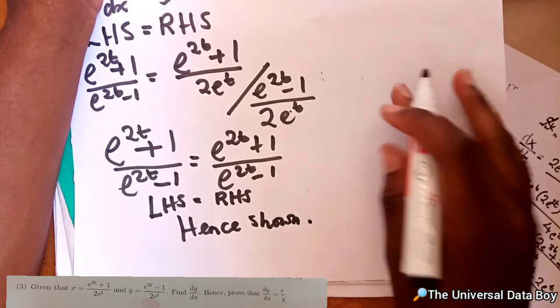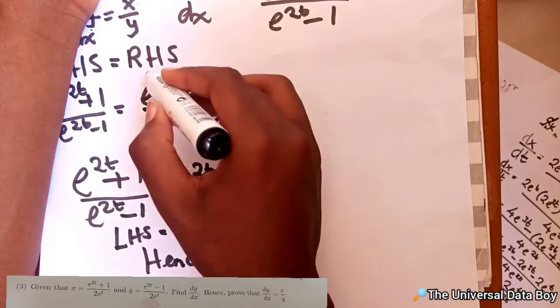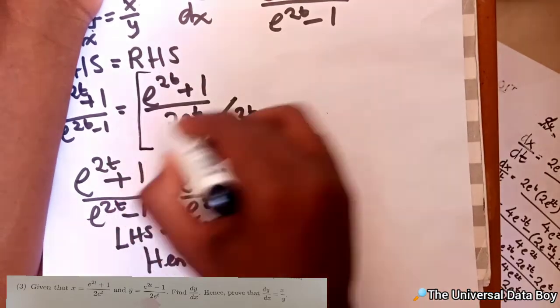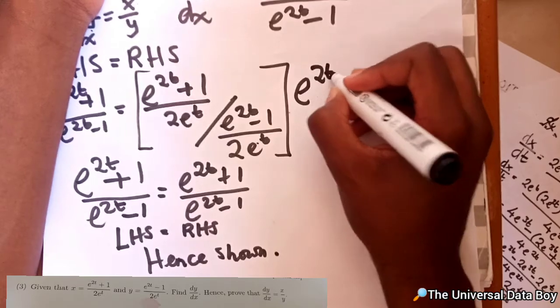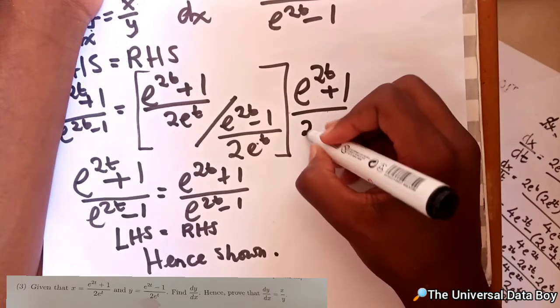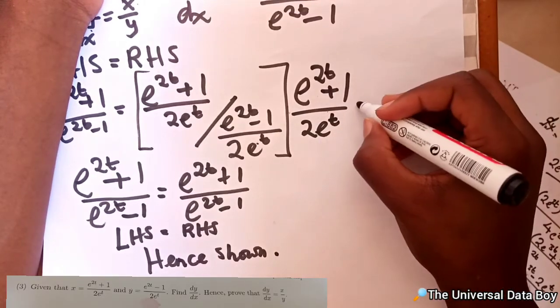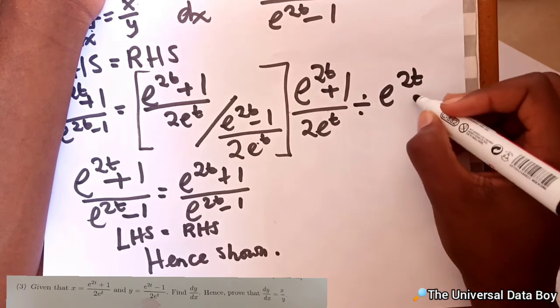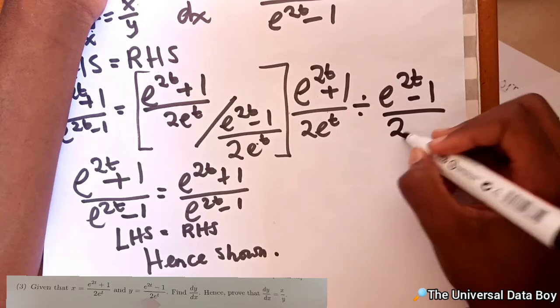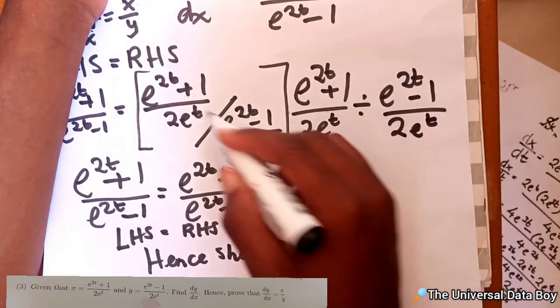And that's all. You've answered this one. The part that confuses people is actually this one, but this is the principle that I've been talking about, whereby if you have e to the power 2t plus 1 over 2e to the power t being divided by e to the power 2t minus 1 over 2e to the power t, which is exactly what we have here.